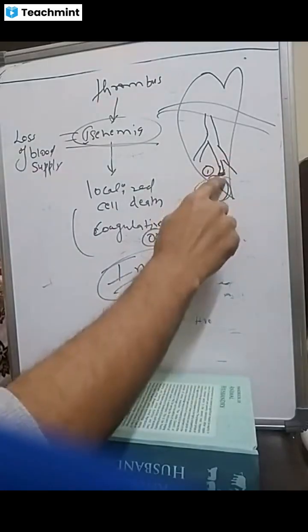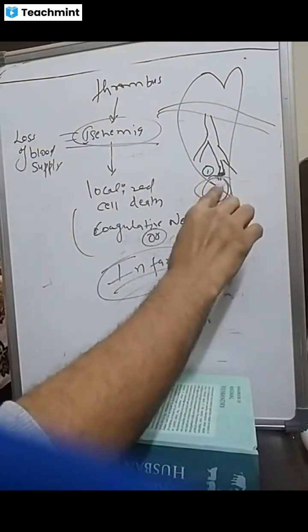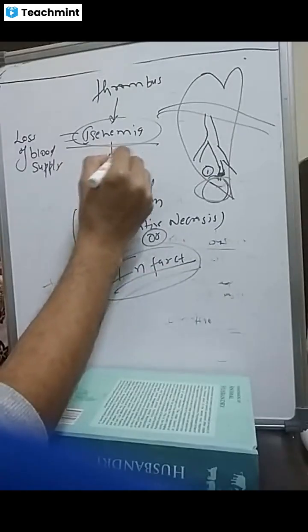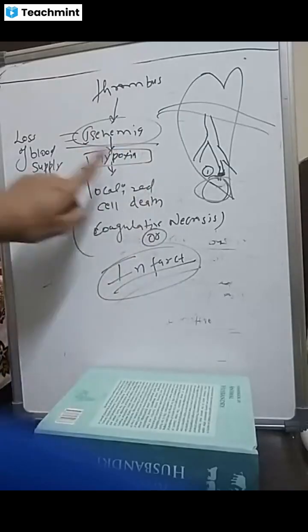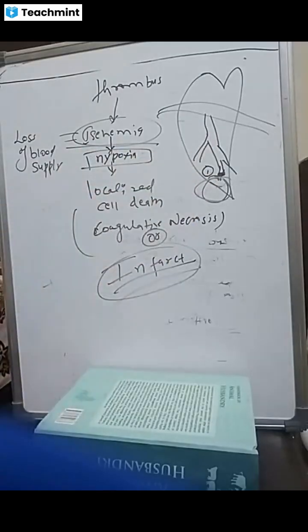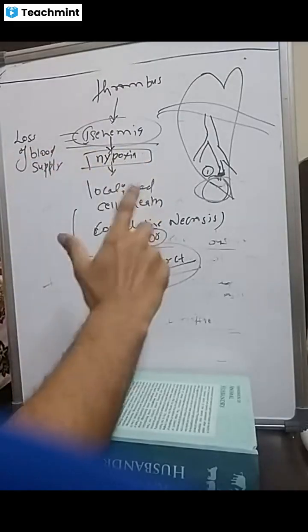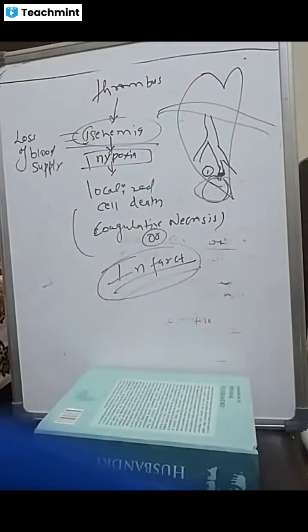First it is blocked and blood supply is not going, so because of ischemia there is hypoxia. No oxygen is coming, no glucose coming. Because of this hypoxia, the most common result is coagulative necrosis, and this is called an infarct.